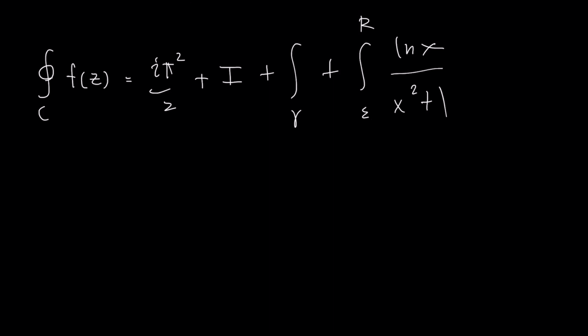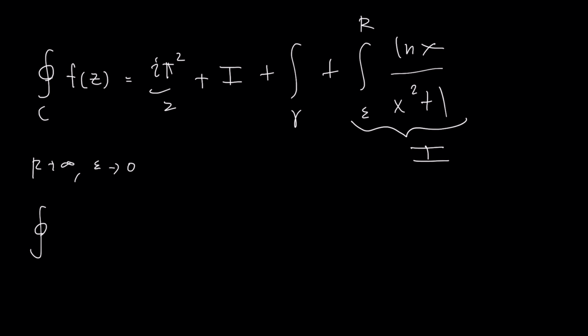So we just got done showing that one of our integrals was i pi squared over 2 plus I, and I'll make the note that as r approaches infinity, as epsilon approaches 0, this integral will just become our I as well.